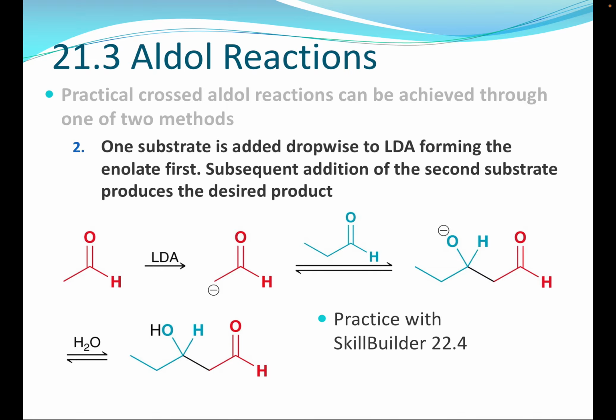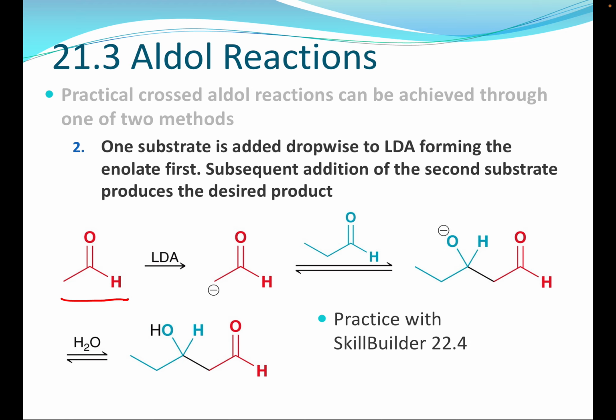The second way of managing this is to use a new base, the lithium base that we had talked about earlier, LDA, to create the enolate in the presence of only one molecule that contains an alpha position.